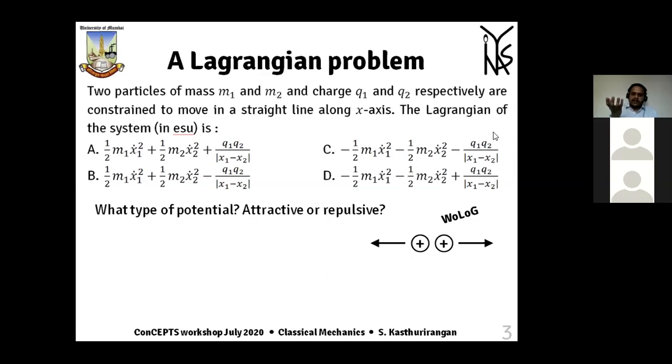Always remember, attractive potential is the negative potential, repulsive potential is positive. So we know that the Coulomb potential, and for like charges, that is if Q1 and Q2 are of the same polarity, it will be a repulsive potential. With this knowledge, you can easily write that V will be plus Q1 Q2 by x1 minus x2.